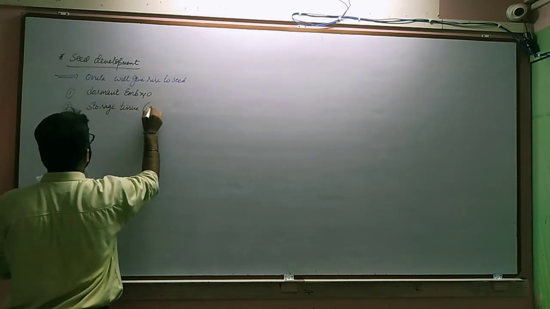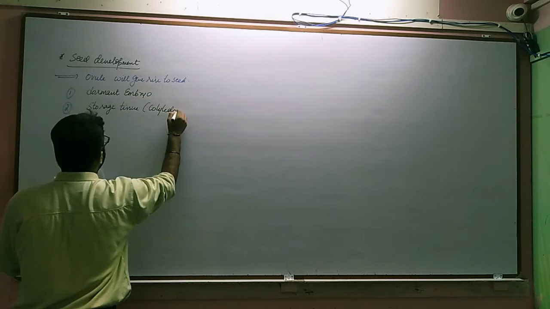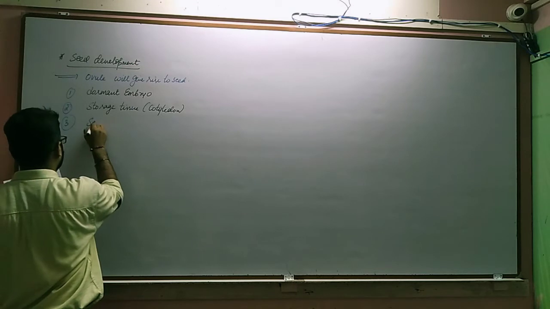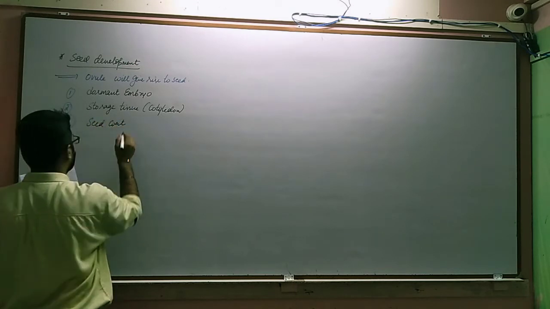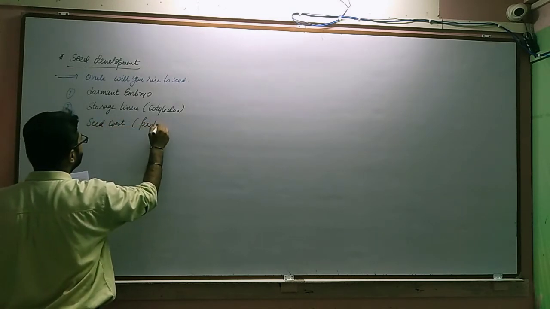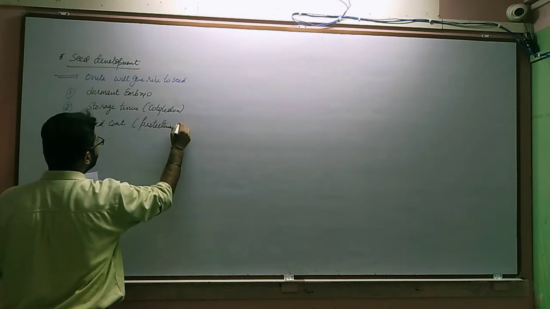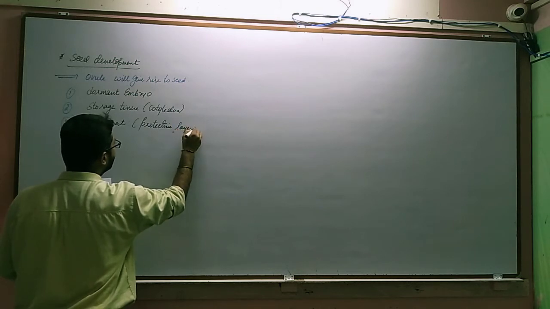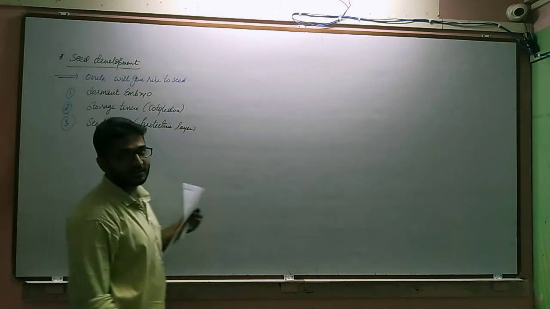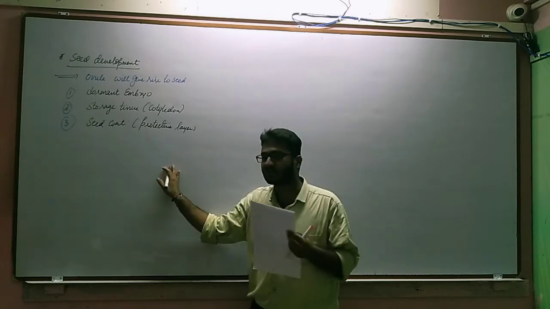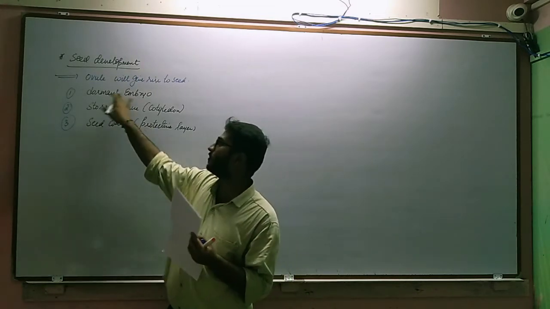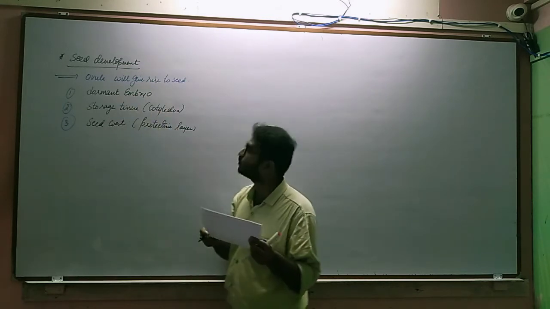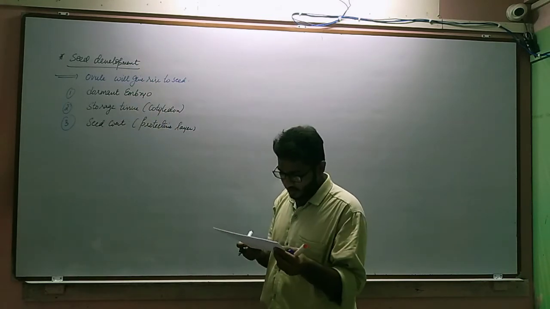And the seed coat, which is a protective covering, or you can say protective layer, which protects the seed under dormant conditions. So the typical seed contains three structures: the dormant embryo, the storage tissue, which is generally a cotyledon, and the seed coat, which acts as a protective layer.